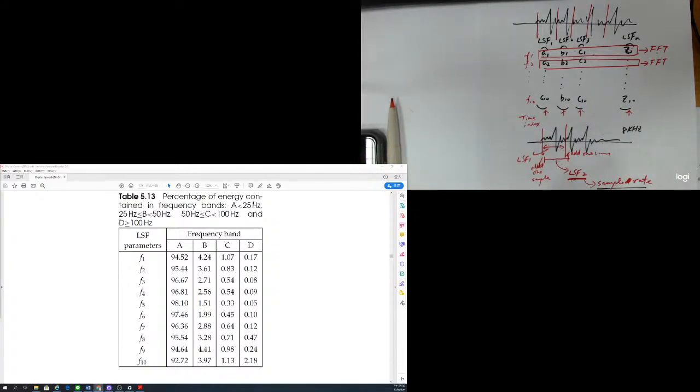So if we take 25 hertz, our sample frequency is 25 hertz. It looks like in 1 second we have 40 frames, per second we have 40 frames. Because we sample per second, we sample 25 times, so it's more like 25 hertz.